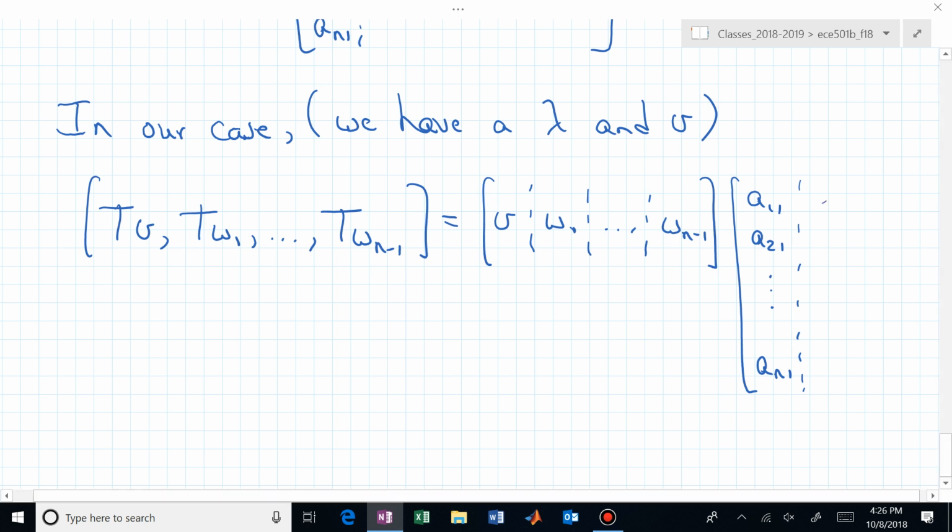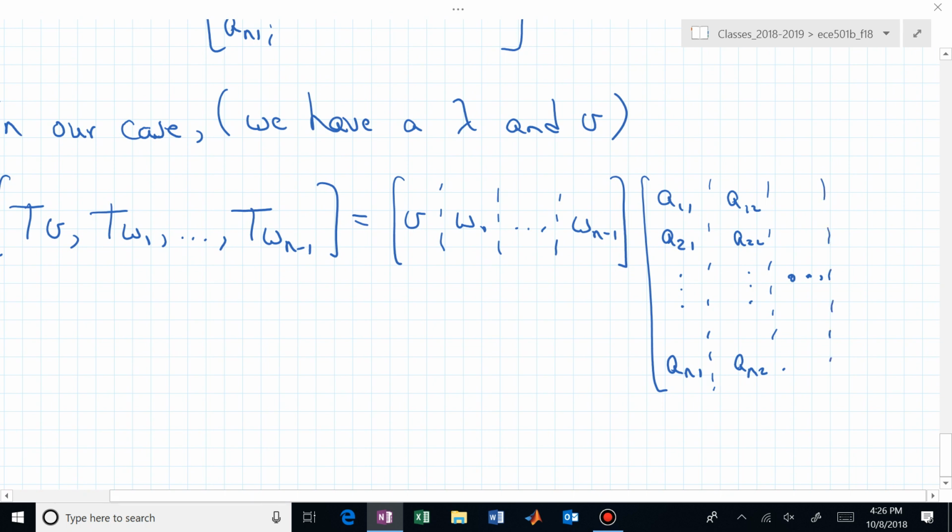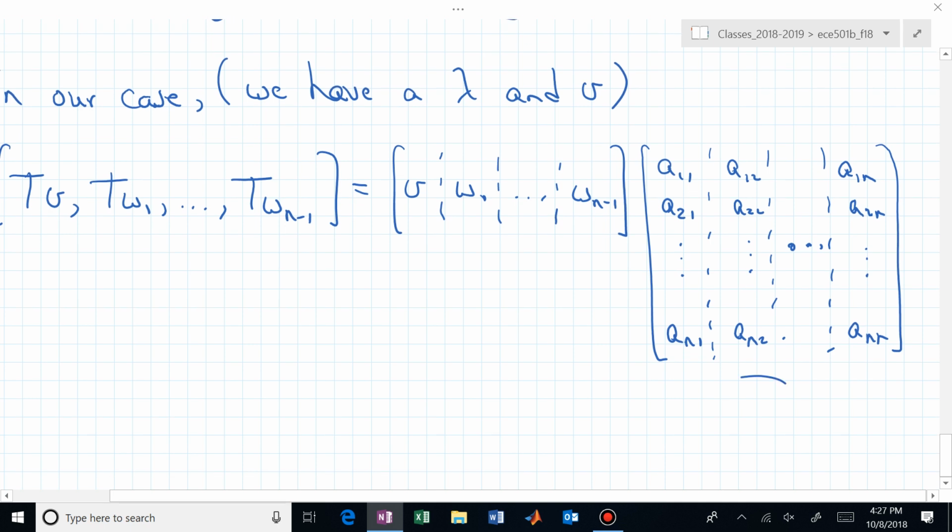And this would be A12, A22, A sub n2, and we just keep going. So this is for a general matrix representation A.